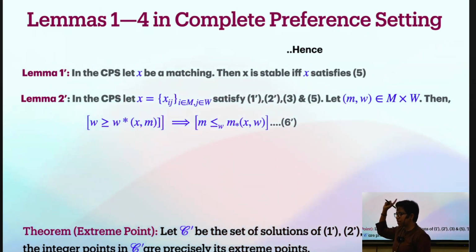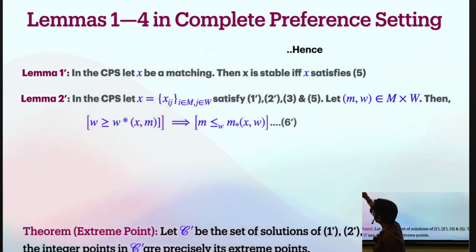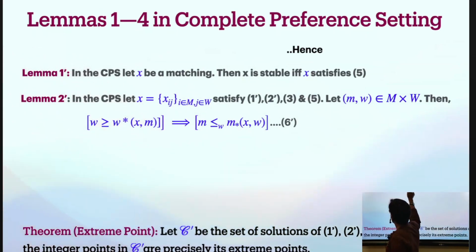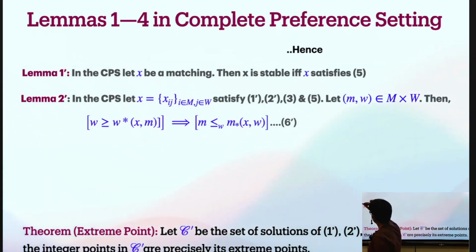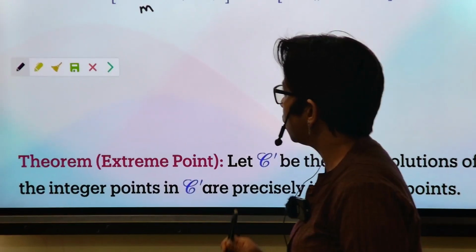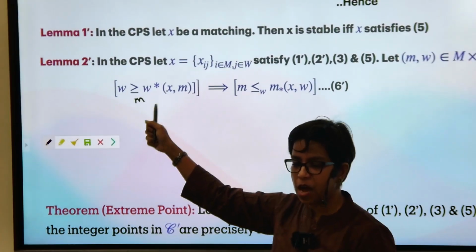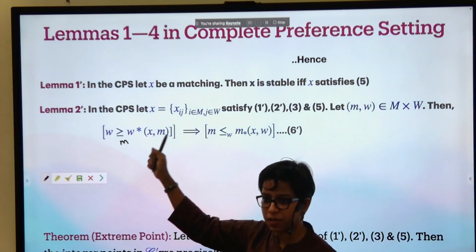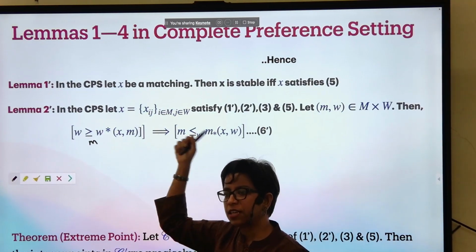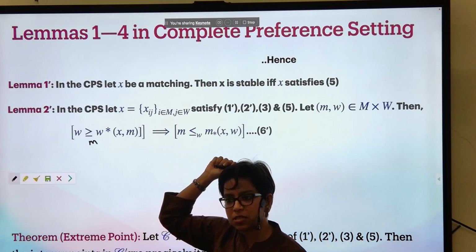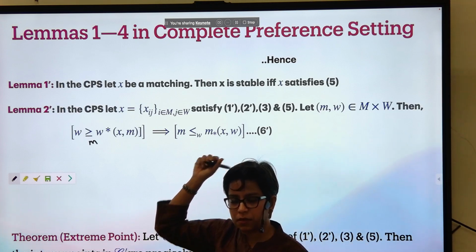This actually implies that for every woman, if this is true, then M. So if all the women prefer this particular matching X among all the stable matchings, because X is always stable, so this is a woman-optimal matching, then it means this is the man-optimal one, it's the other way.